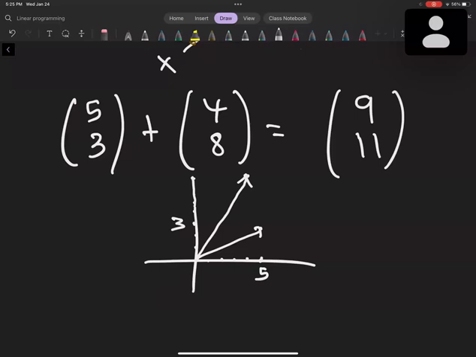So I had to do the parallelogram. So this is parallel to when this goes like this, and then they go like this.